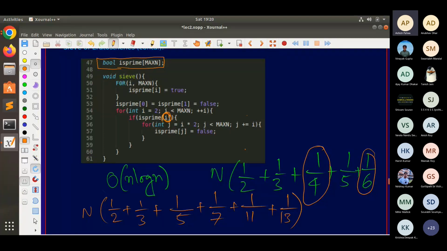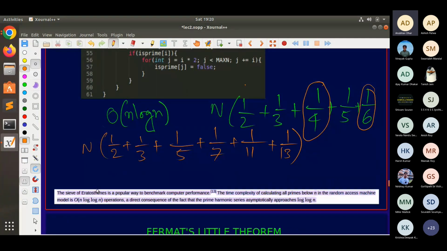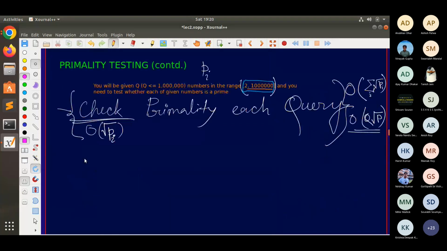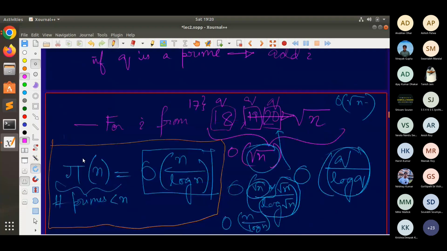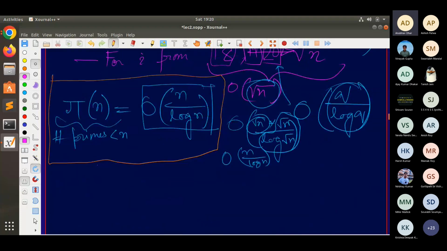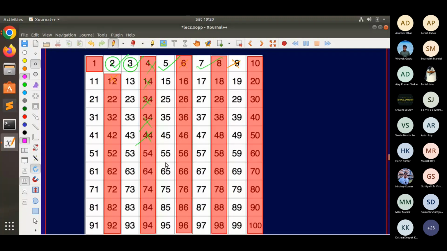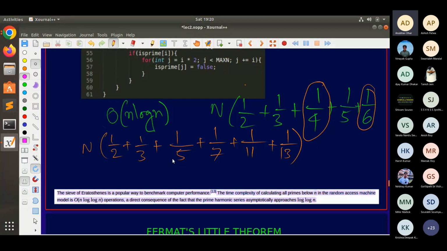It is n log log n. Exactly. So it's n log n according to, I mean, you can prove this using the theorem I stated over here. This is called the prime number theorem. But let's not go into this.